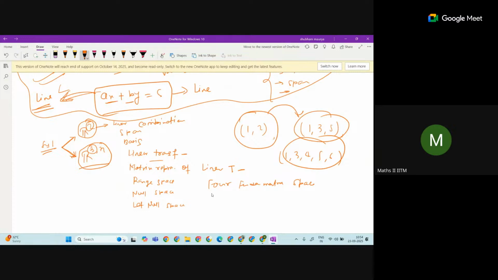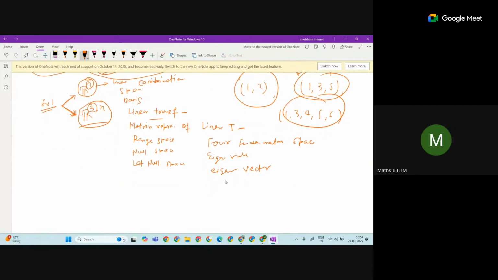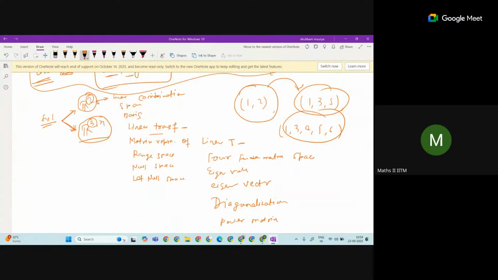Even eigenvalue, eigenvector, eigenvalue decomposition, diagonalization, power of a matrix. Okay, I think these are the concepts you will see in R2.